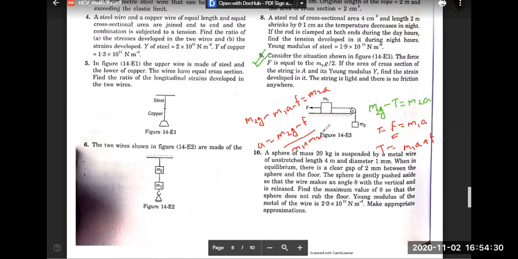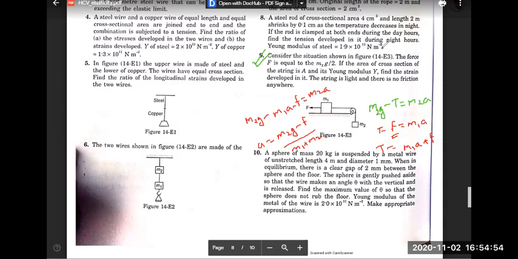Agree? Tell me, guys, agree? So once you can find a, you can find tension, and after finding tension, you can find stress or strain. Got it? Yes or no? Easy? This is same as the one we did in the module.